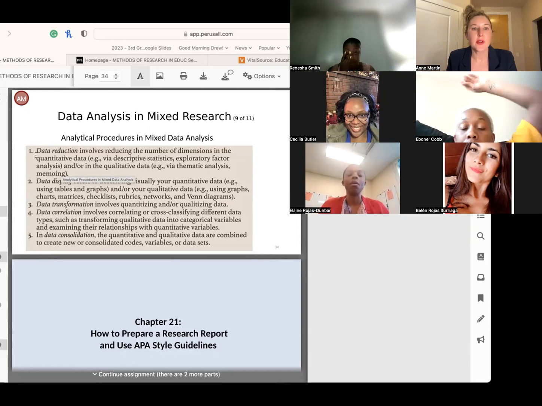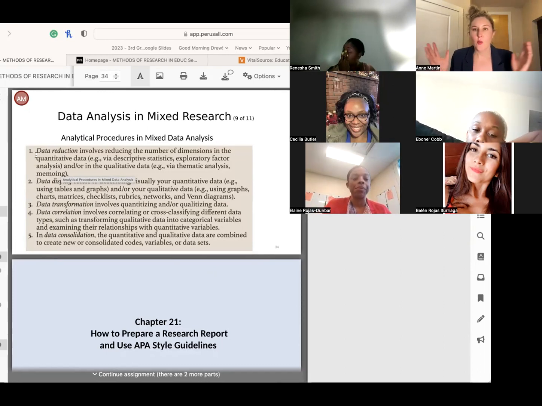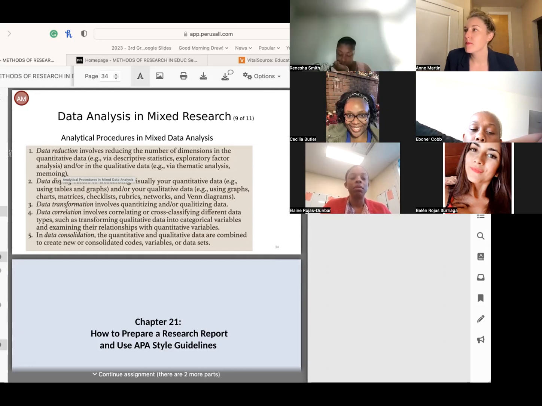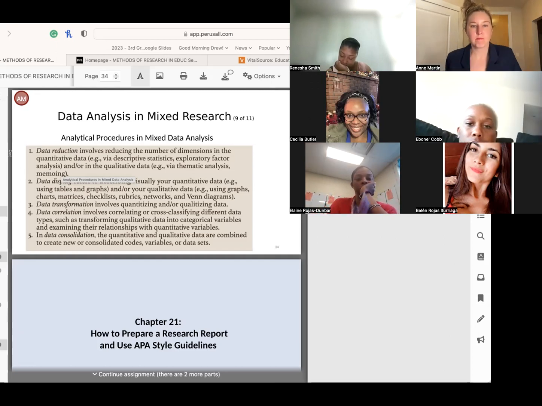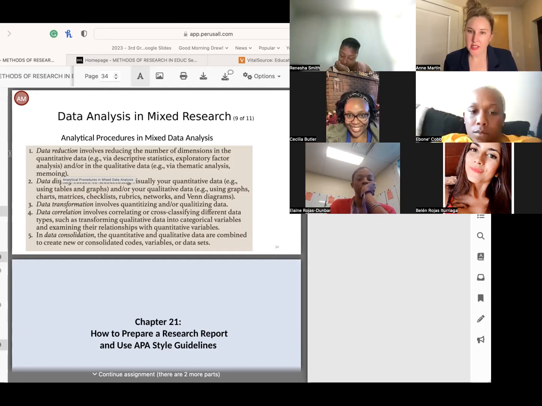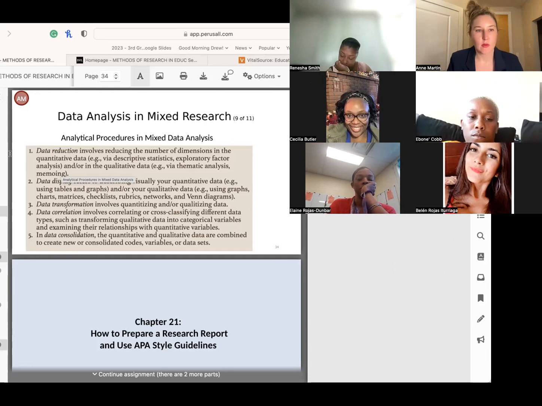So data reduction is when you would reduce the number of components that you have included, like find a way to reduce the number of variables in the parts that you have, or the amount of data that you're analyzing, reducing that so you can have a closer look.